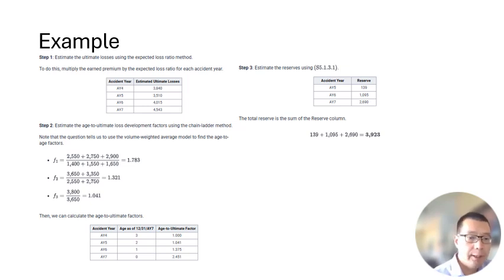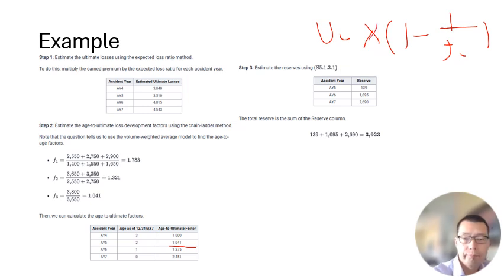Extended year 5, your ultimate ratio is 1.041 here according to this. Now the formula, remember the formula is ultimate loss times 1 minus factor.